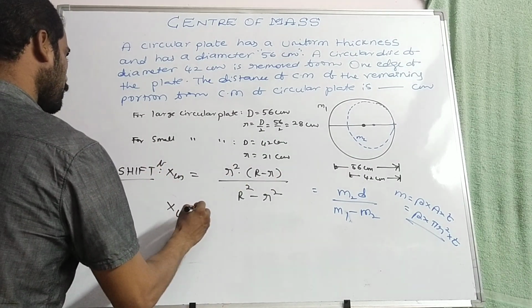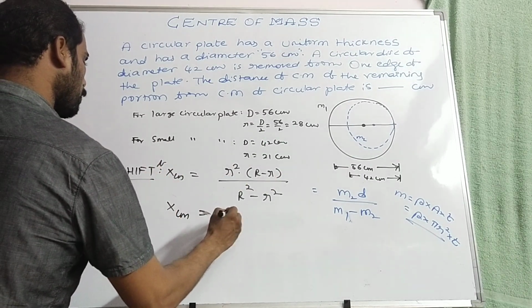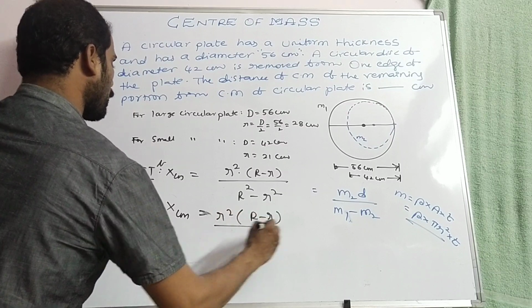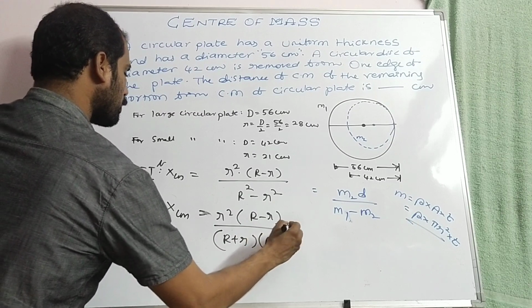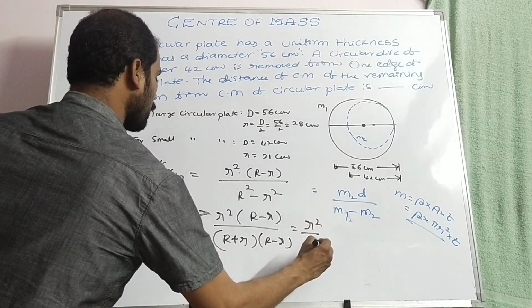Okay, so XCM is equal to R square into capital R minus small r by R plus r, using the a square minus b square formula. Capital R minus small r, that is equal to r square by R plus r.